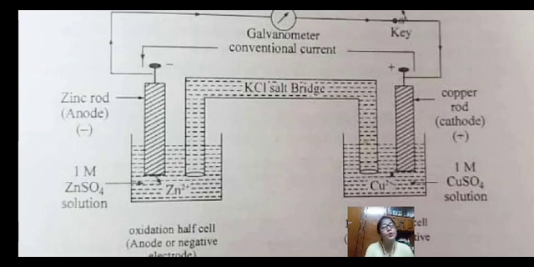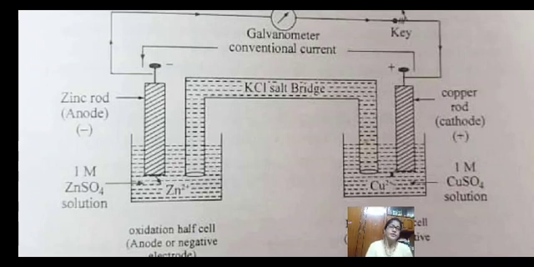These Zn2+ ions surrounding the zinc electrode will repel each other and will not allow further Zn to get converted to Zn2+, releasing electrons. That means the release of electrons will stop after a few moments, and naturally as the flow of electrons stops, the current flow will also stop. This is the actual scenario.